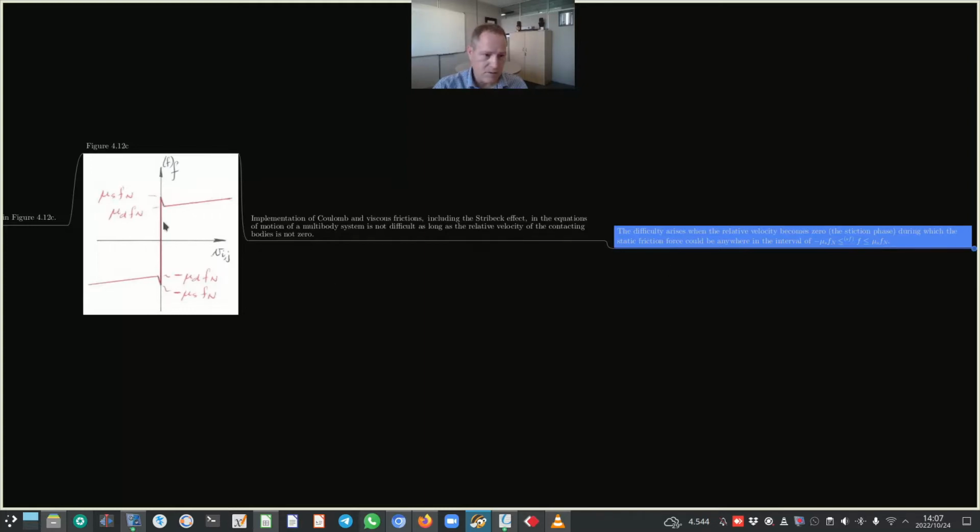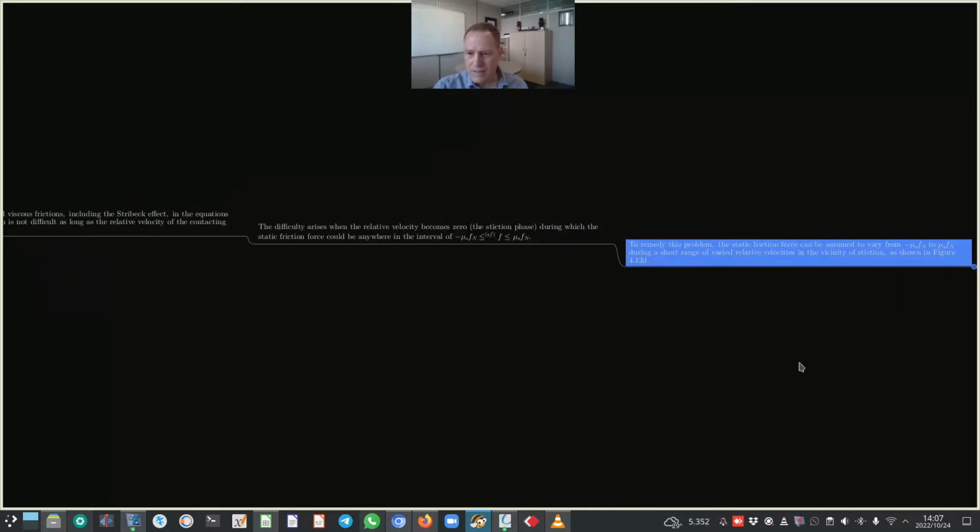Okay, so the force can be anywhere along this line. The relative velocity is zero, and there is not a unique value for the friction force with that zero relative velocity.